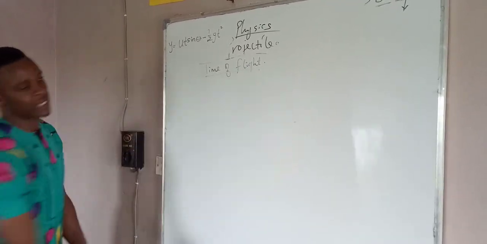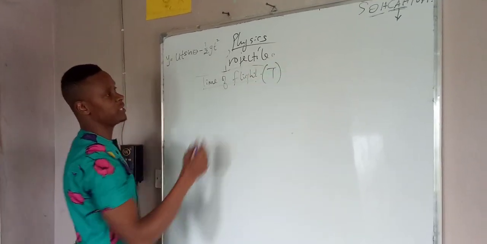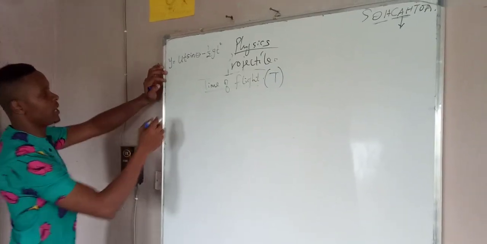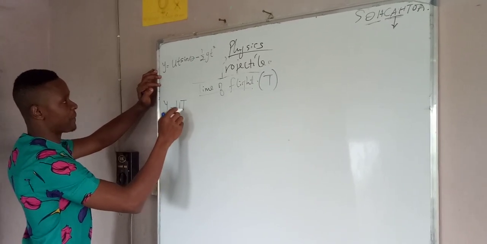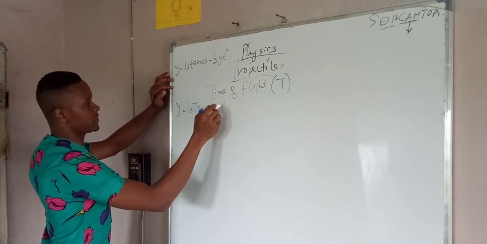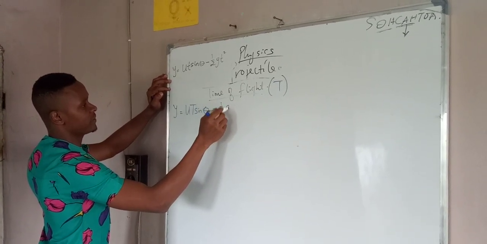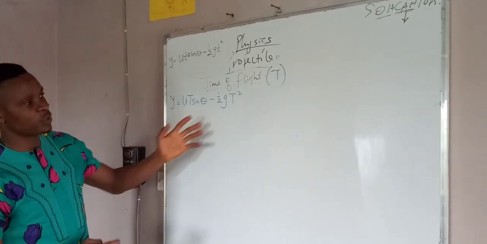Here, the time of flight would now be taken as capital T. So from here, we have it that y is equal to u capital T sine theta minus half gt squared, since we want to determine the total time.